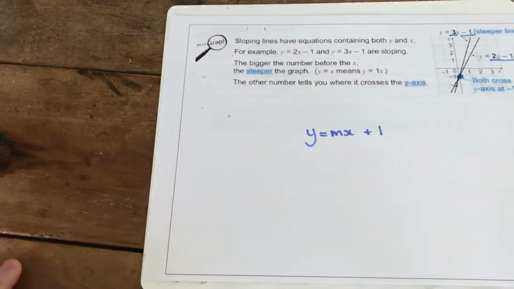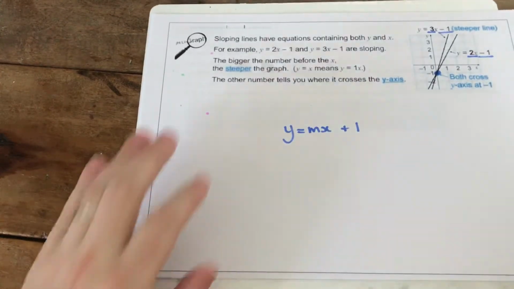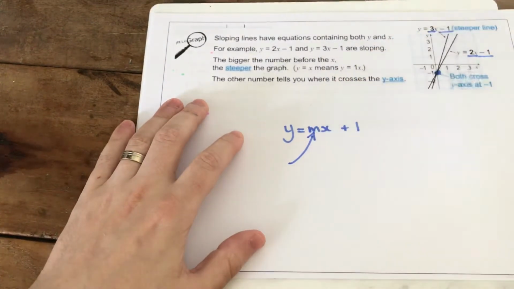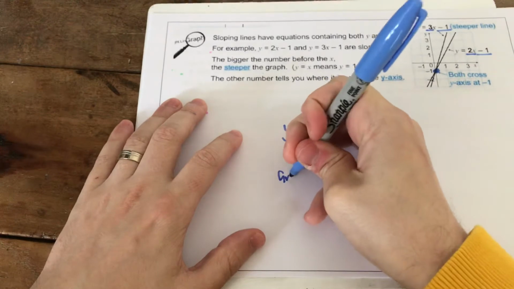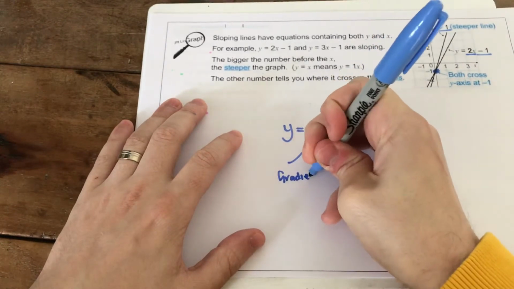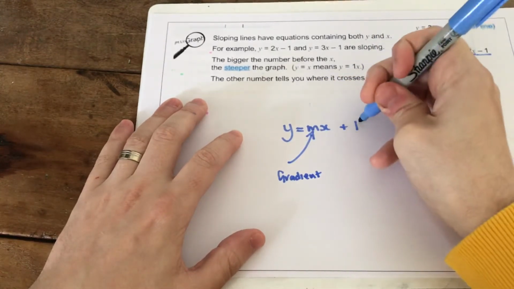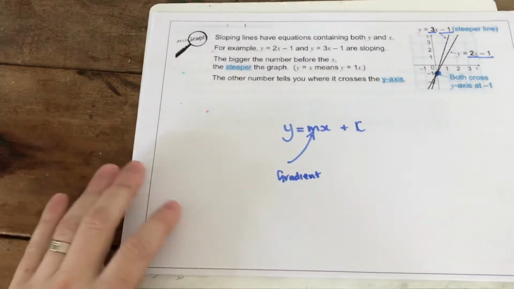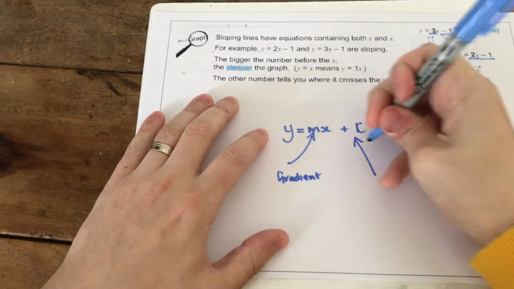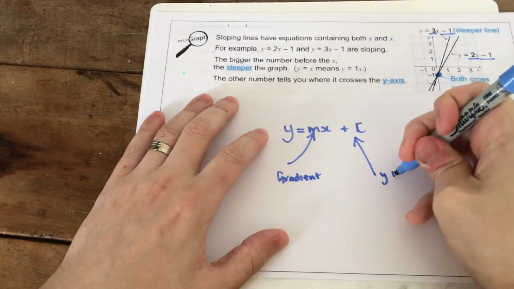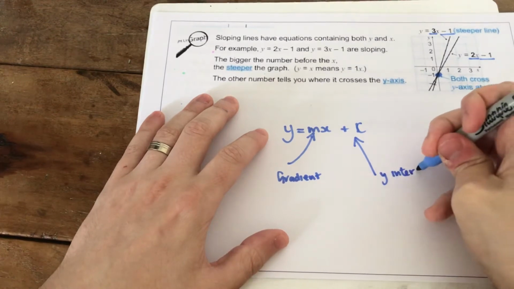It's y equals mx plus, my apologies, plus c, where m stands for the gradient and c stands for the y-intercept.